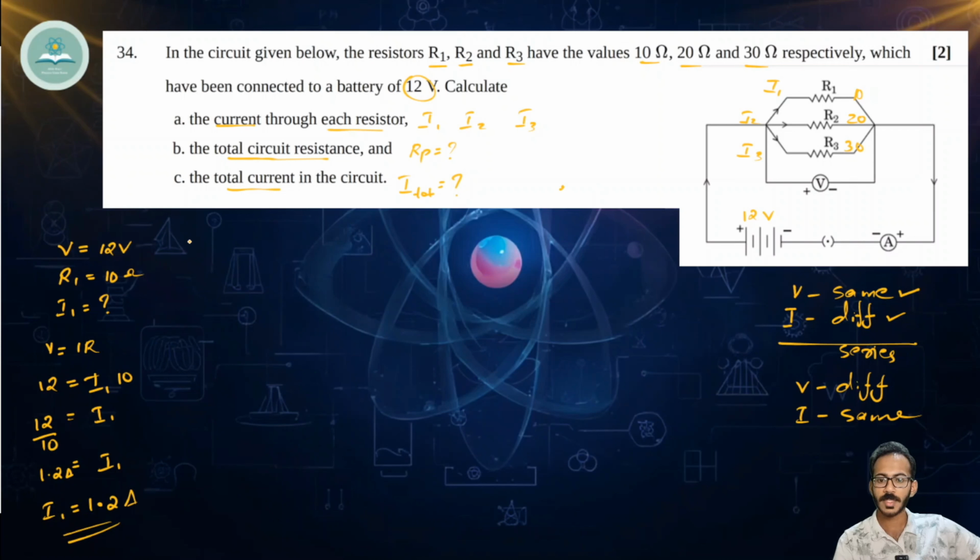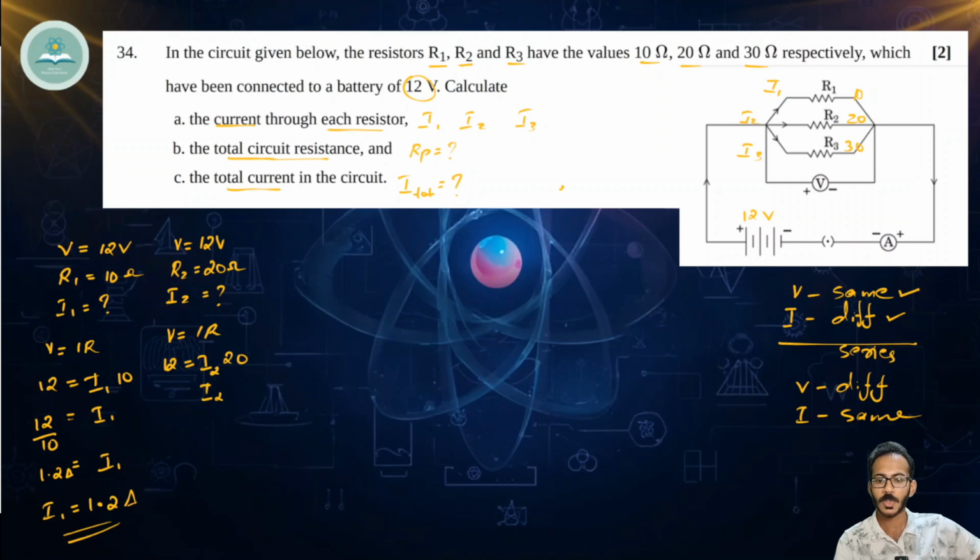In the second resistance again, the voltage is the same, the potential difference is 12 volt. Now R2 is equal to 20 ohm. We have to find I2, the current across the second resistor. Again Ohm's law, V is equal to I into R. V is 12, current we don't know, I'll call it I2, and the resistance is 20.